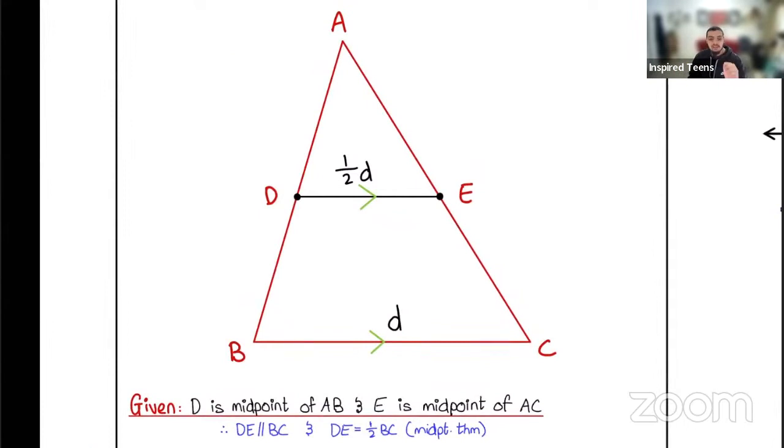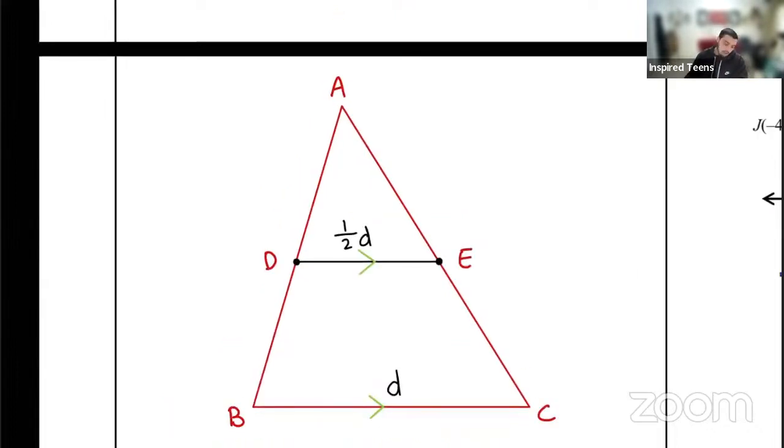If it is given that D is the midpoint of AB and E is the midpoint of AC, it can be given in writing, or it can be given in the diagram. They tell you like this: this is equal to this.